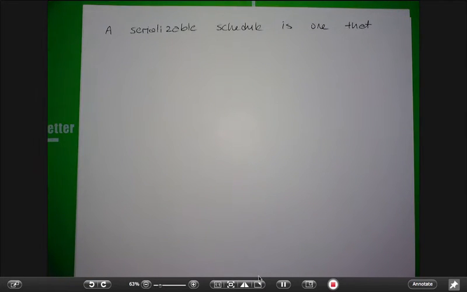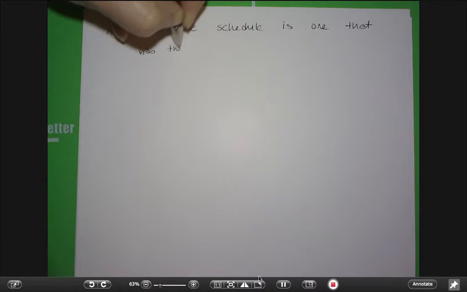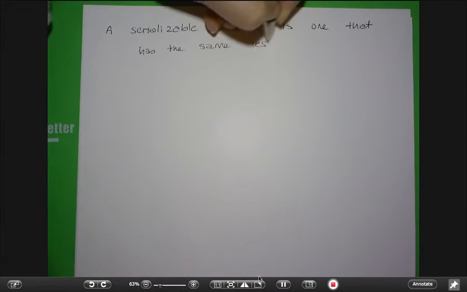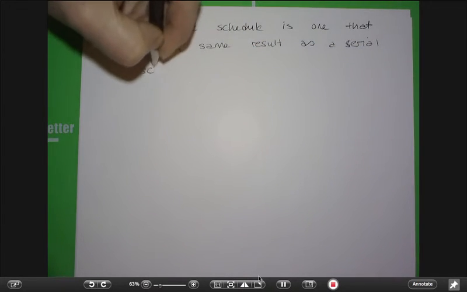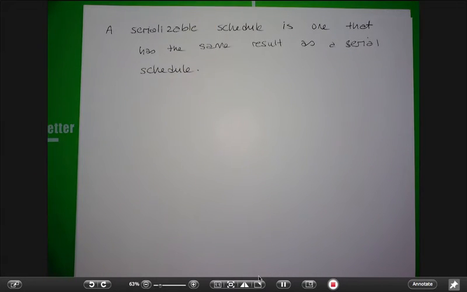Basically, a serializable schedule is a schedule that has the same result as a serial schedule. So this is my golden rule. Whatever schedule you give, if it's serializable, that means its effects are the same as some serial schedule, then that's a good schedule. This is a very simple result, but it's actually a very restrictive definition.